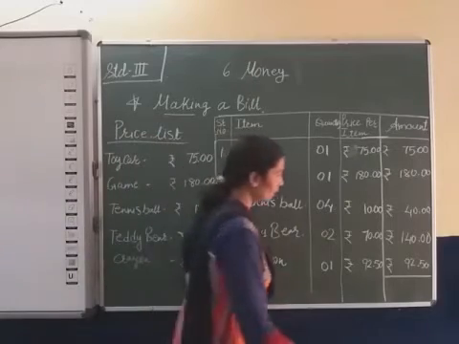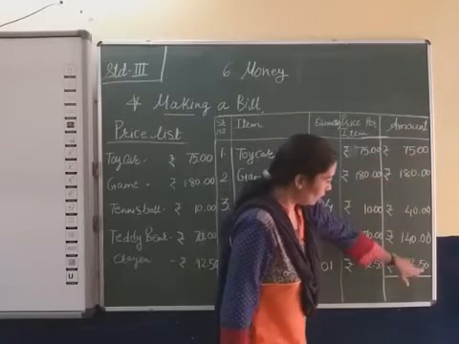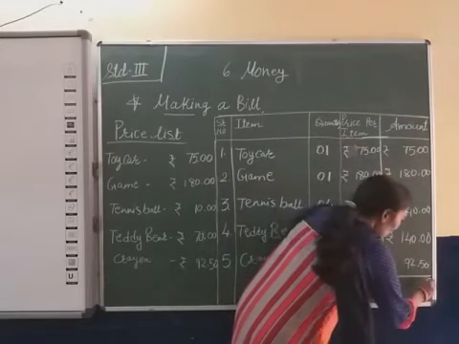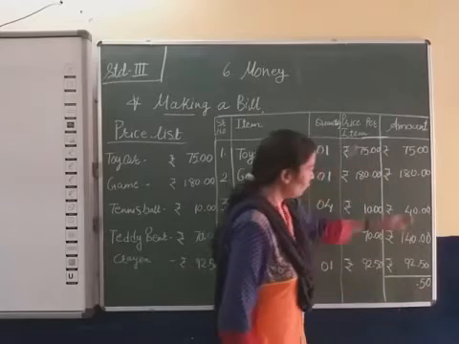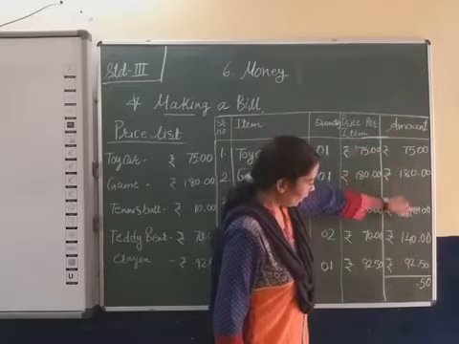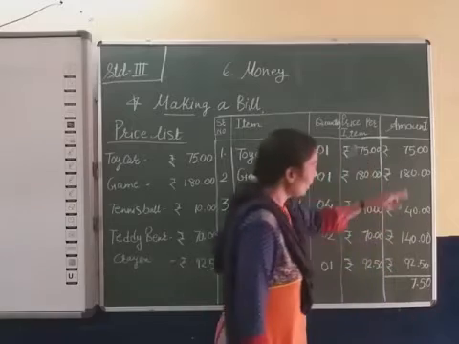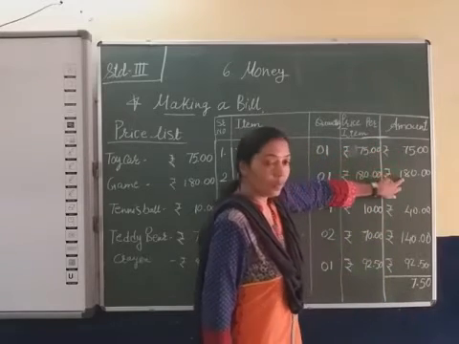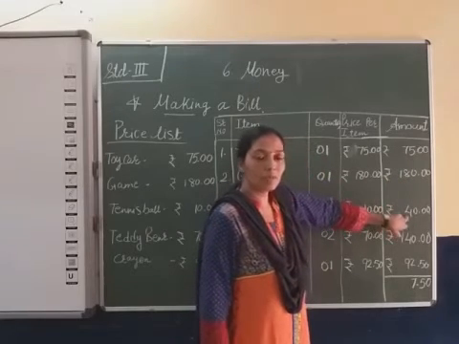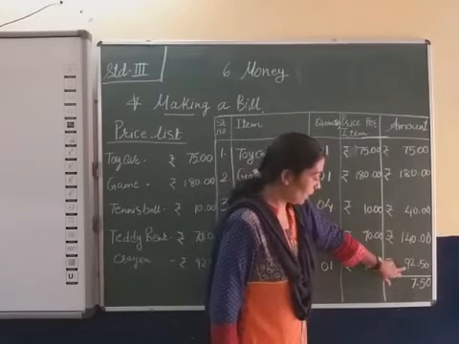So let me add all these items. Start from the paisa, on the ones place 0, 0, 0. Then tens place 0, 0, 0, only 5. So 50 paisa. Now for the rupees we add, starting from the ones place, first 5 plus 2, 7, plus 2, 7 plus 8, 15, 15 plus 4, 19, 19 plus 4, 23, 23 plus 9.